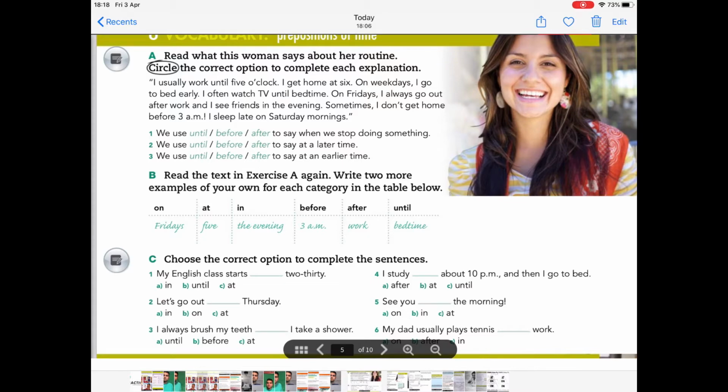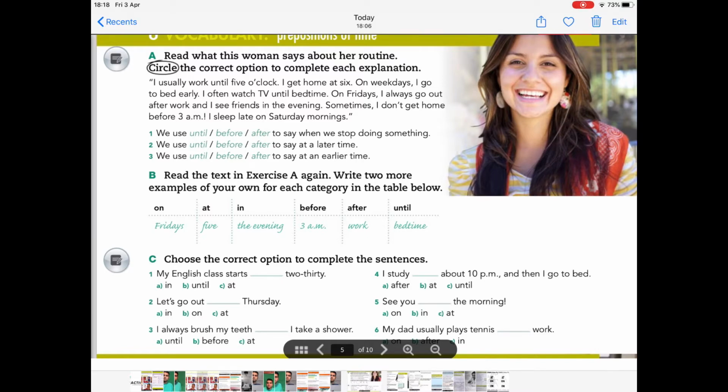After we check the prepositions of time pyramid, let's go to page 43, which is this. Okay, and it says, read what this woman says about her routine. Circle the correct option to complete each explanation. Okay, so let's read. I usually work until 5 o'clock.